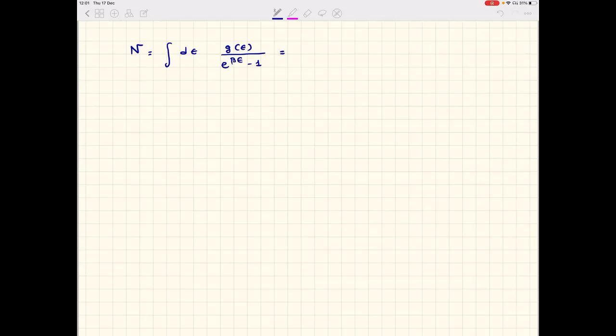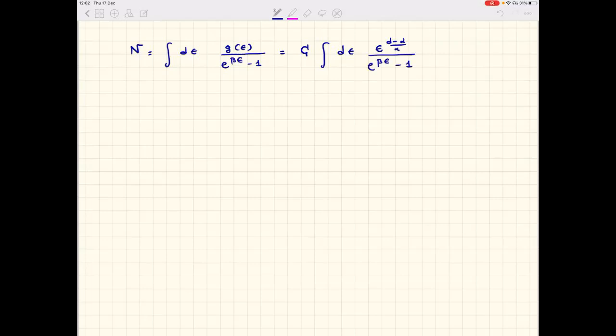Well, I substitute g of epsilon. This is a constant times the integral d epsilon, where g of epsilon is epsilon to the power d minus alpha over alpha, and then I have e to the beta epsilon minus 1.